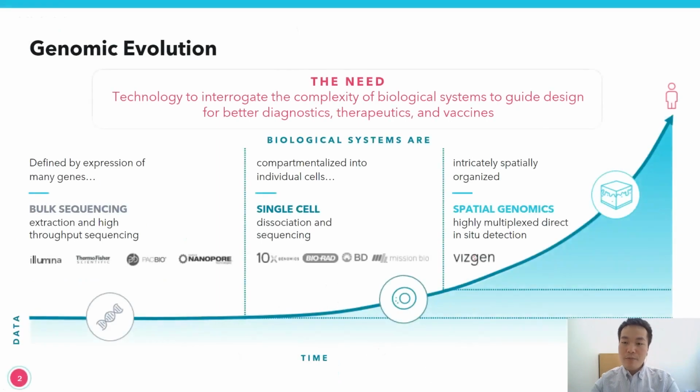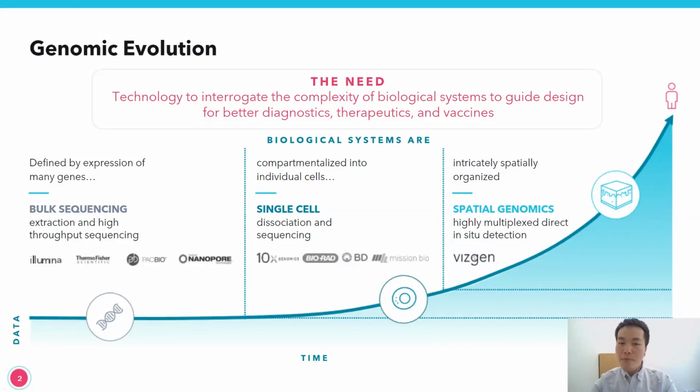So just to give everyone some context first, we know that biological tissue are quite complex and are made of many different cell types that express genes very differently. Understanding that gene expression profile within each cell and across the tissue is quite critical for better understanding of the entire biological system.